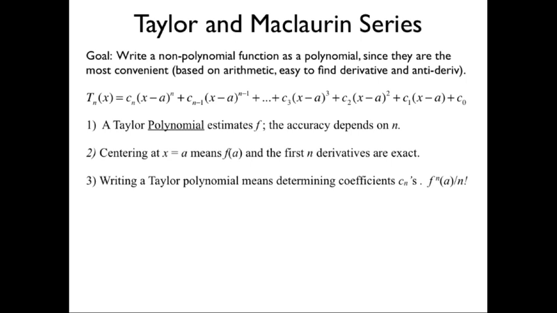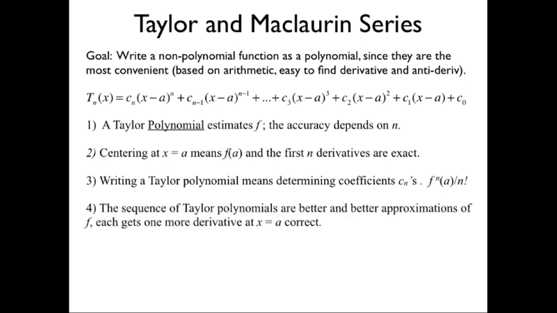And so we worked out last time that the Cn coefficient, or the coefficient of the term with the nth degree, is the nth derivative taken at a divided by n factorial. We derived that last time. So getting the coefficients is what you need to write the Taylor polynomial.